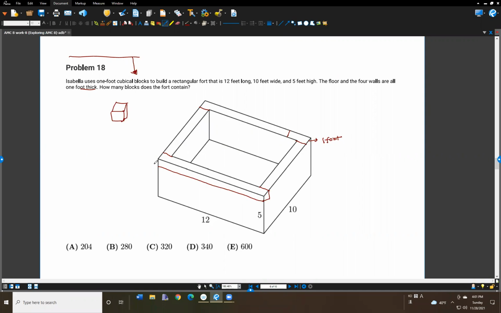Okay, so each one is 1 foot. All right, so this is 12 feet. It's going to have 12 blocks over here. Okay, 1, 2, 3, 4, 5, 6, 7, 8, 9, 10, 11, 12.